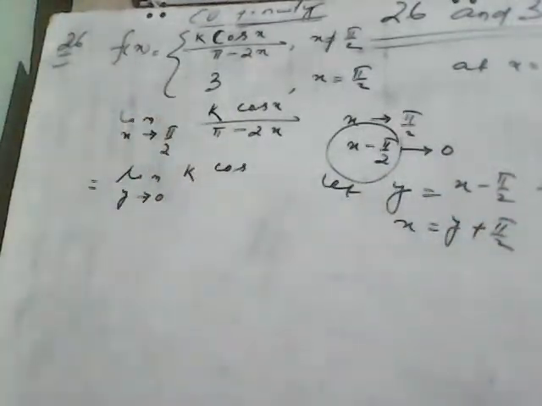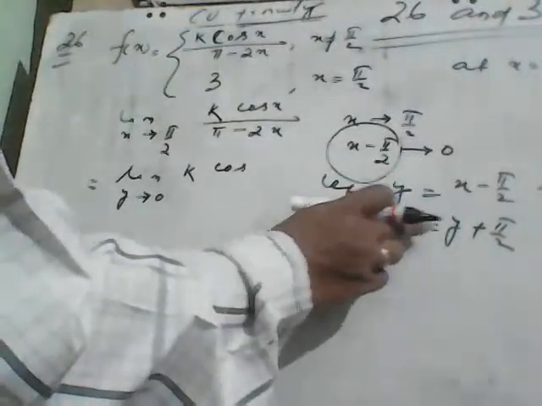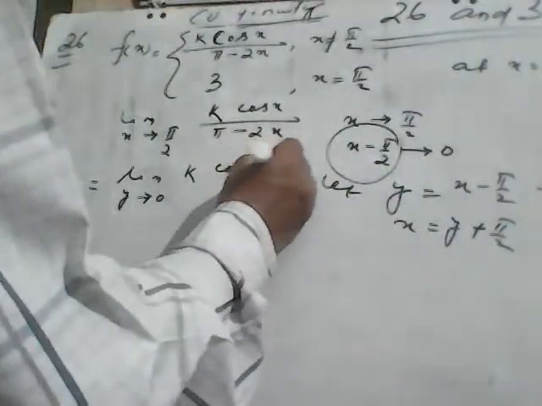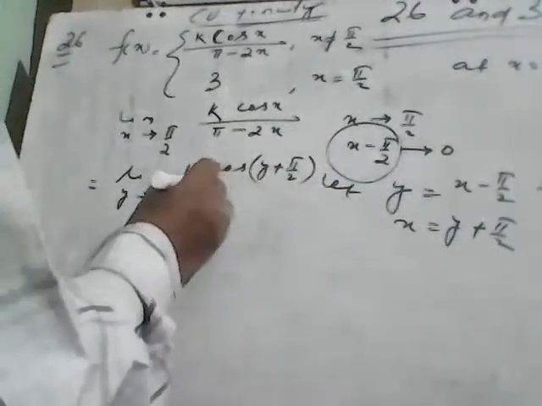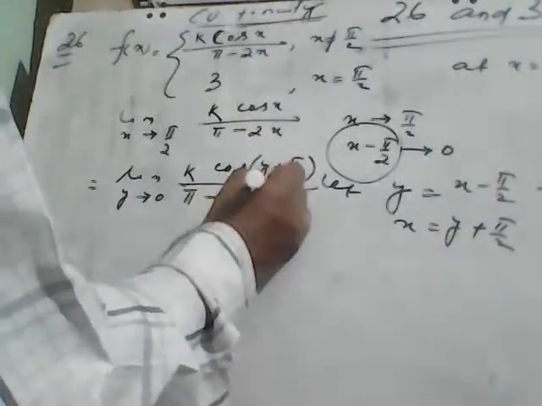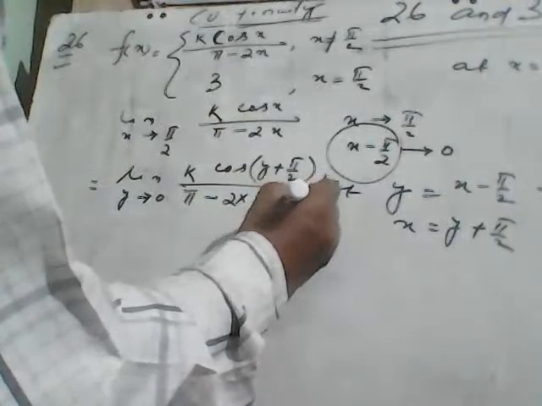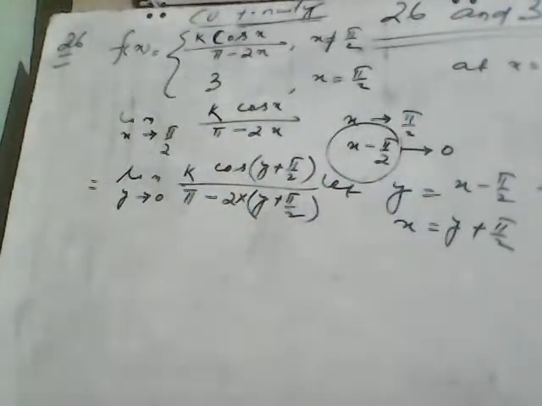In the place of x, write y plus pi by 2, by pi minus 2 into y plus pi by 2. This step is the most important step. Change the variable from x to y. As x minus pi by 2 approaches 0, y also approaches 0.